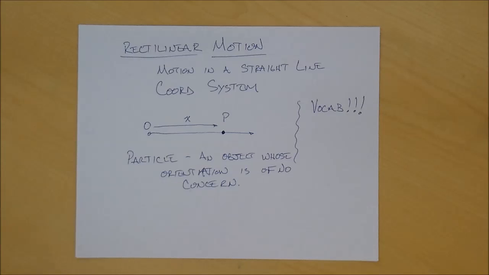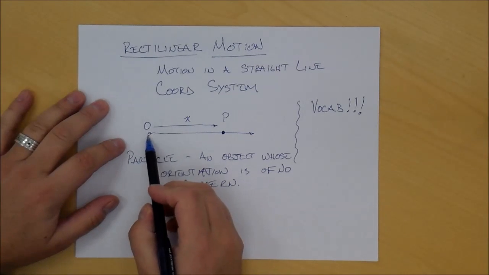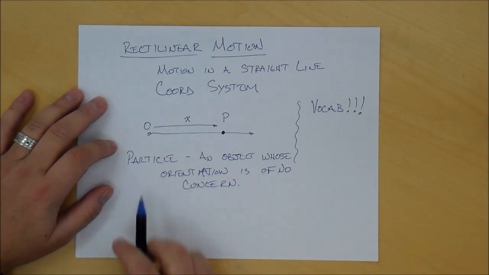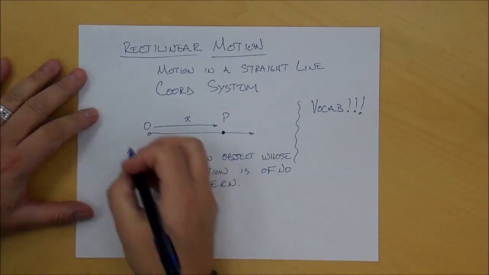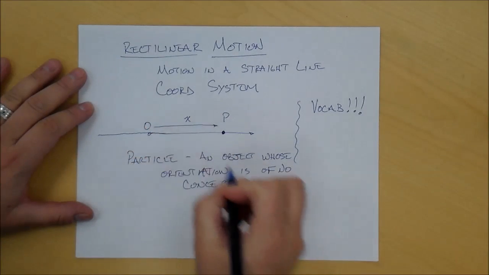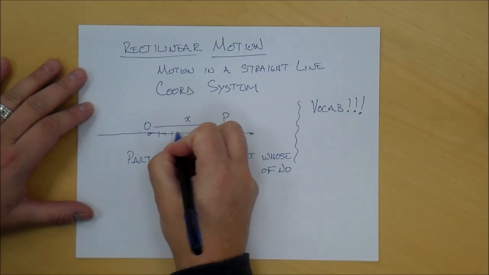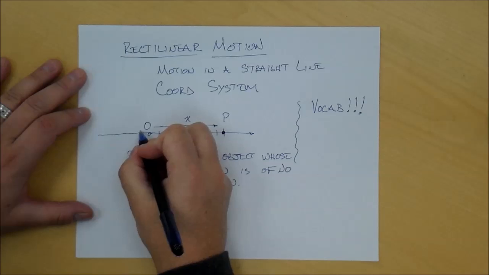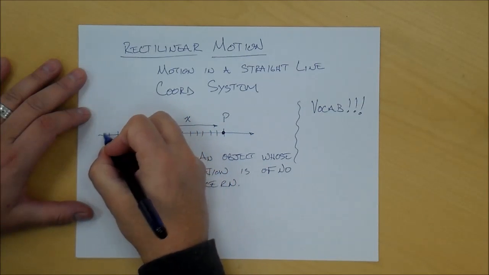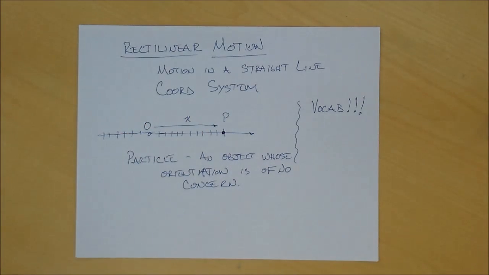Okay, so back to our coordinate system. We have our origin, our coordinate system, we indicate positive, and we measure the position of the particle with x. Let me continue this coordinate system and maybe add some measurement indicators. Perhaps these tick marks indicate some measure of interest or a dimension such as meters or feet or inches, dimensions of length.